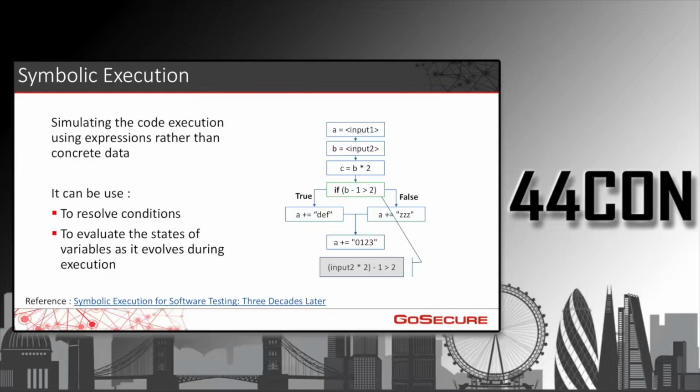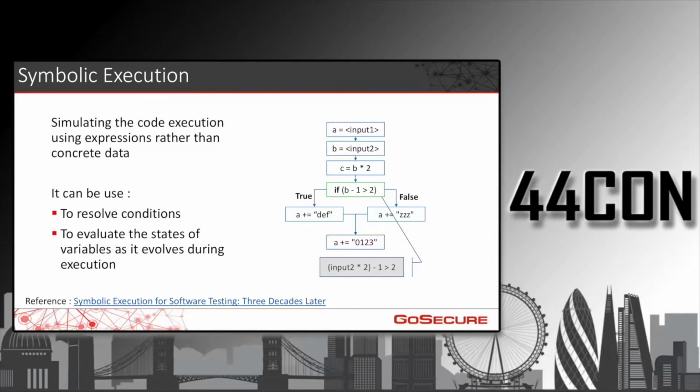Contrary to dynamic tools, we don't have access to runtime data when we analyze code. We're purely looking at code. Statically, here I have pseudocode on the right, and the idea with symbolic execution is we're going to either try to resolve a condition or try to evaluate the state of a variable at a specific moment.